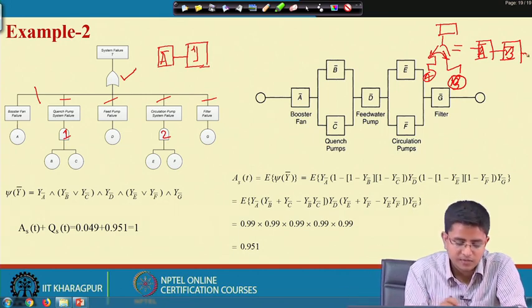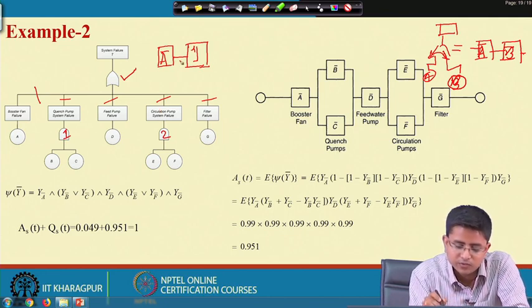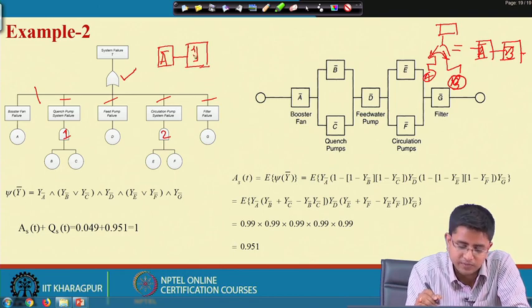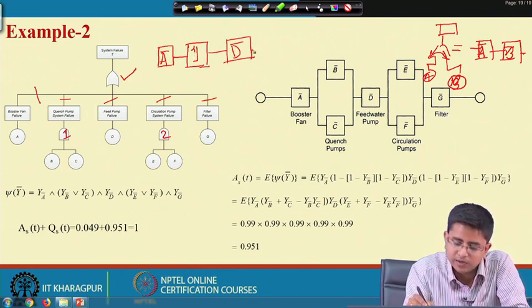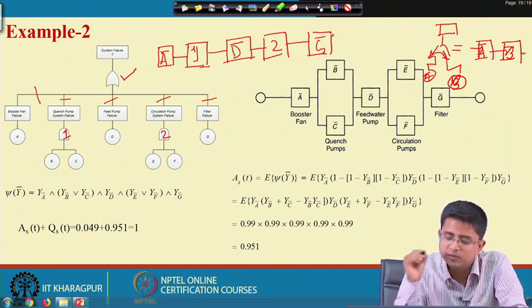In the same manner, all the things will be in series and the total things will be in bar. So, A bar into 1, then this will be D bar, then this will be 2, then this will be G bar.